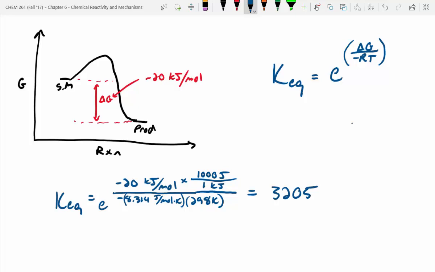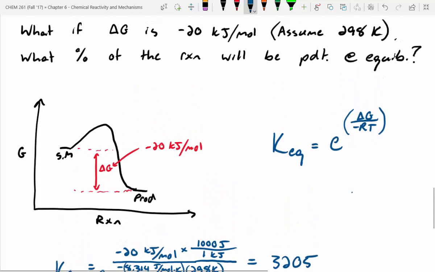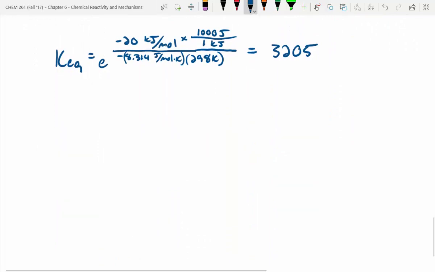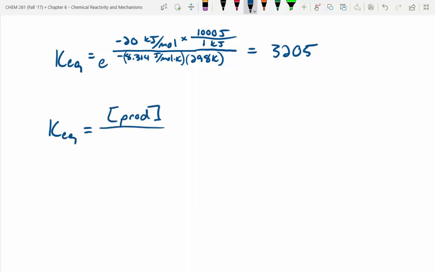All right. Does this have units? Nope. It's unitless, right? It's just a ratio. So going back to that original question, we said what percent of the reaction will be product at equilibrium? Well, it's not going to be 3,205. We have to convert this back into a percentage. So I'll show you guys how I would go about doing this. I would say, all right, Keq we know is equal to the concentration of products over the concentration of reactants.